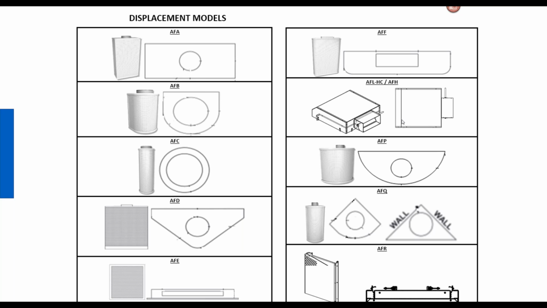The AFH is a somewhat new unit that we're preparing to launch in the next few months. It's a ceiling mounting, changeover heating and cooling ceiling discharge unit. We're taking one of the aspects that displacement doesn't do well with, heating, and finding a way to integrate it and make it effective. When it's in cooling mode, it discharges its air through a perforated face.